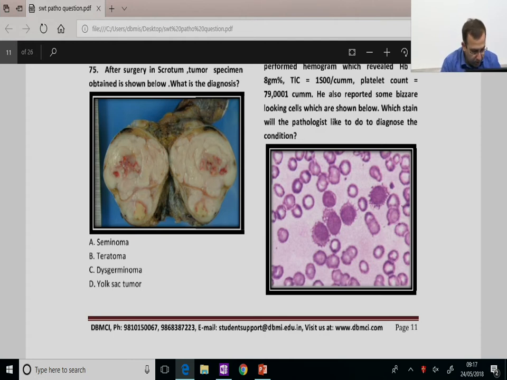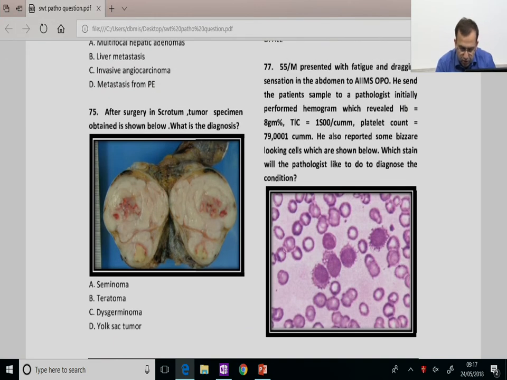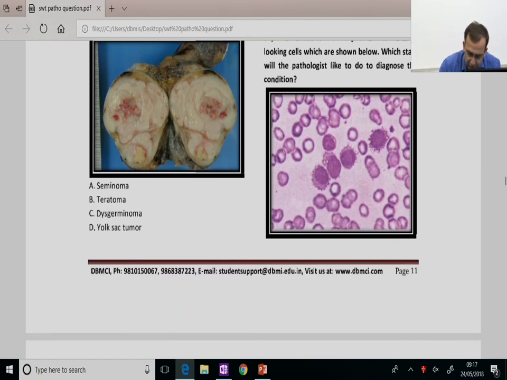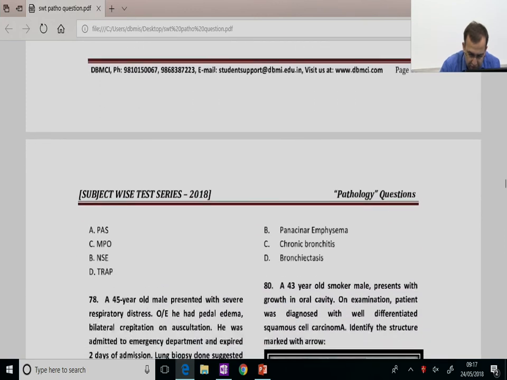Before going further, let us have a look at the question. 55 male, fatigue, dragging sensation, low hemoglobin, TLC is low, platelet count is low. That is, the patient has pancytopenia. Hairy cell leukemia is present with pancytopenia. Bizarre looking cells, which stain will the pathologist use? Hairy cell leukemia is TRAP positive.